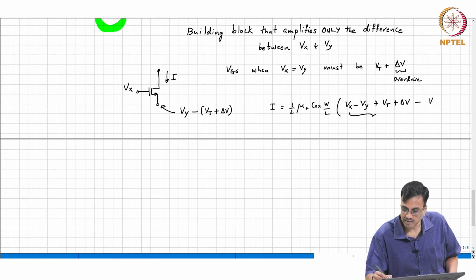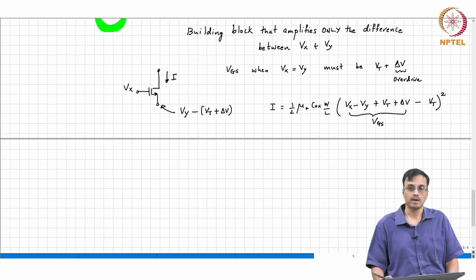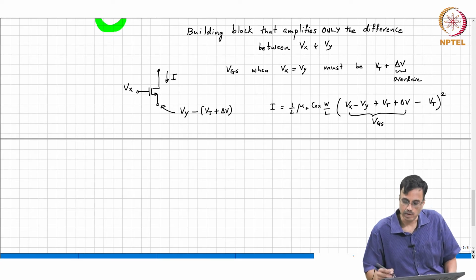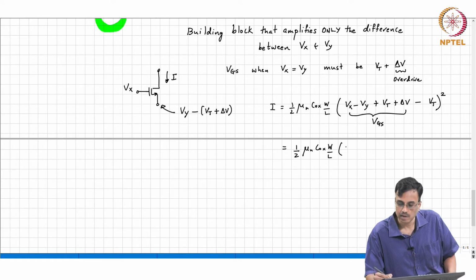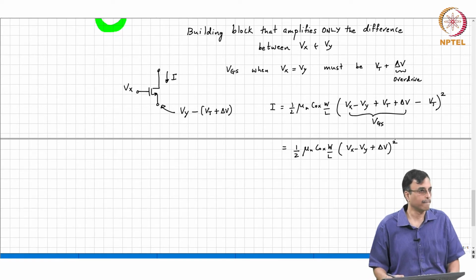So, this is Vgs, this is Vt. Alright. So, which is therefore half mu n Cox W by L times, sorry, this is Vx minus Vy plus delta V, the whole square.